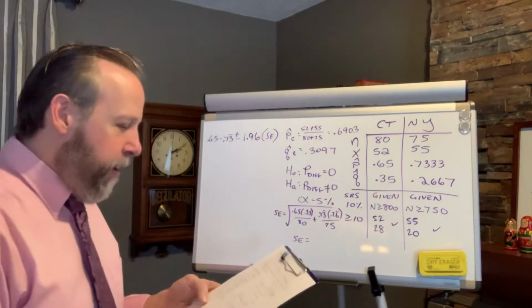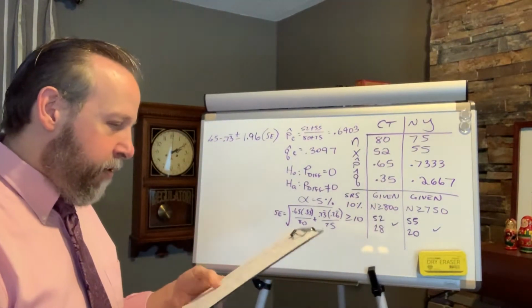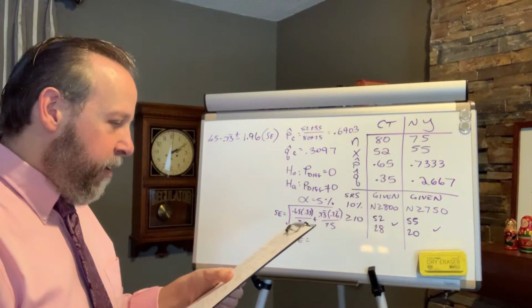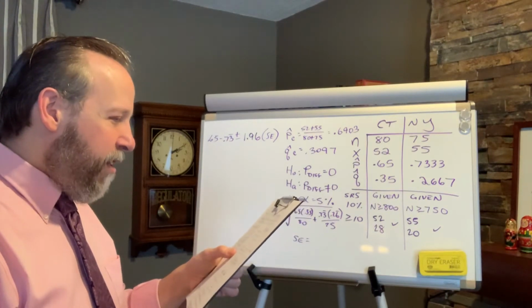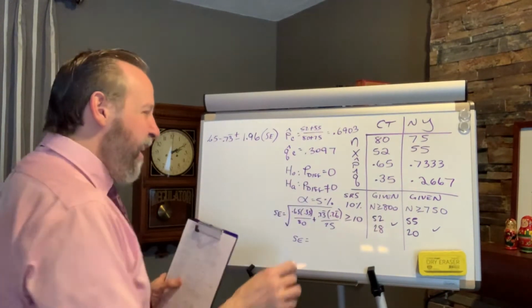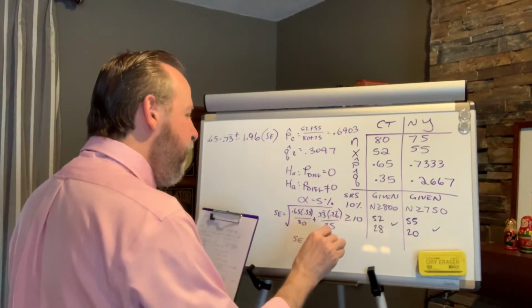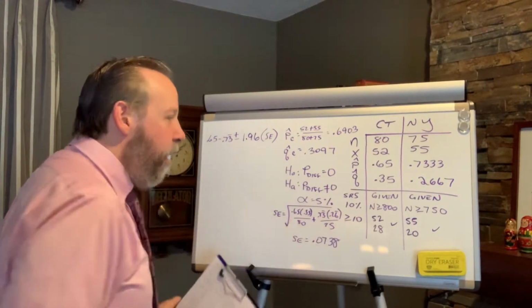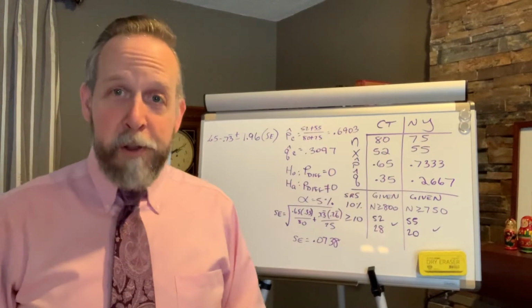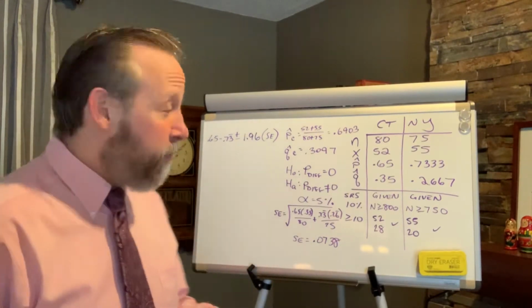So if you do the math, you find that that standard error is going to be something I didn't put on paper. Oh, wait, there it is, 0.0738. All right, so again, I'm showing you the bits and pieces of the equation. We're doing it just fine.